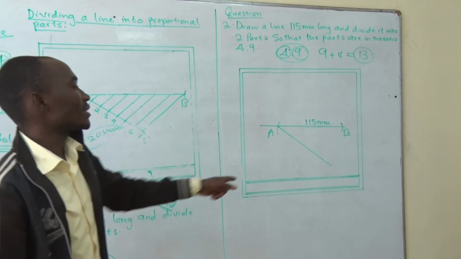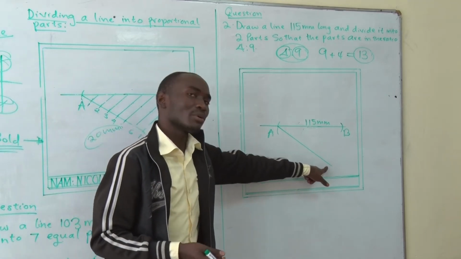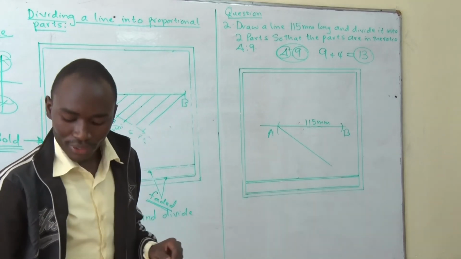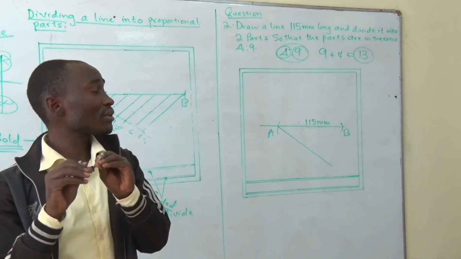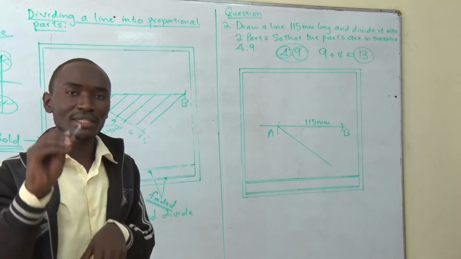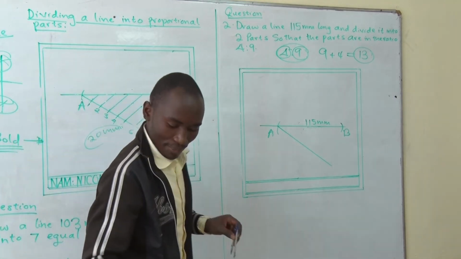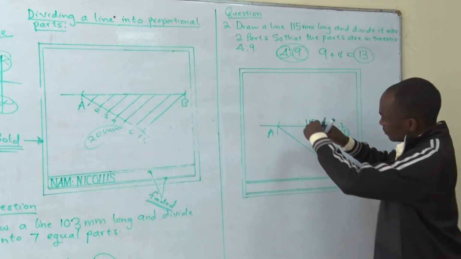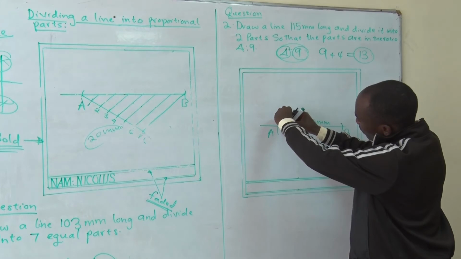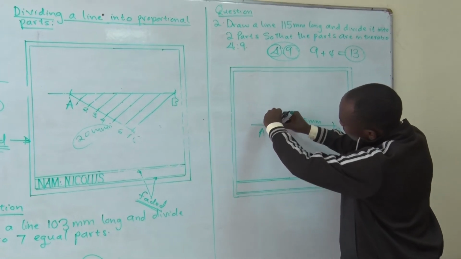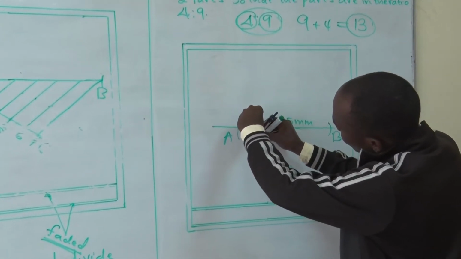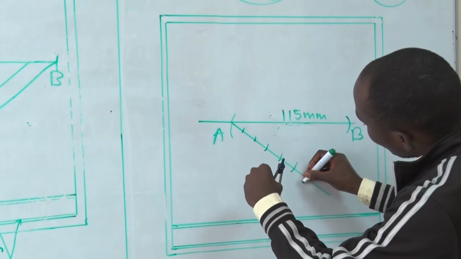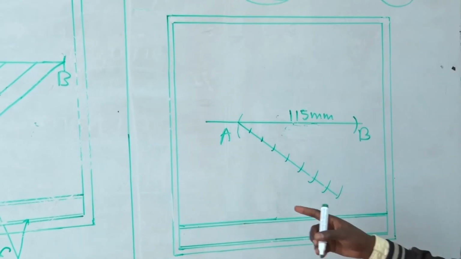So, you can see that I have not yet labeled my point C because we do not know the length of this line. So again, you will take up your compasses, like we have been doing, you measure 20 millimeters. So, you will stand here, mark, assume that is my 20, again mark 20, mark 20, using the same distance.